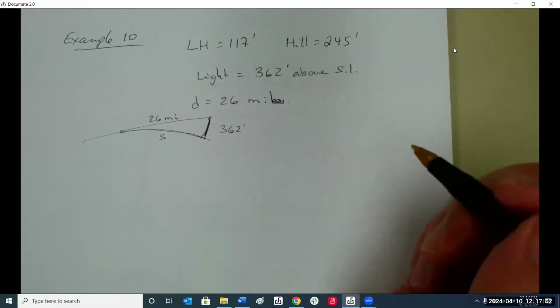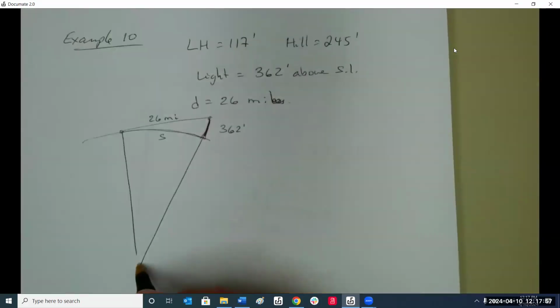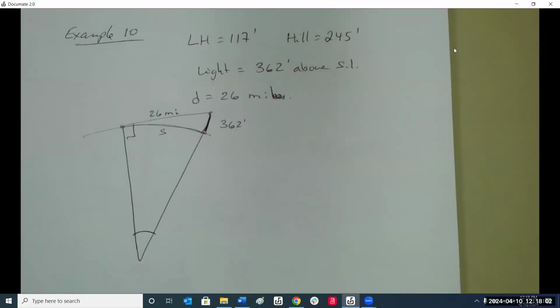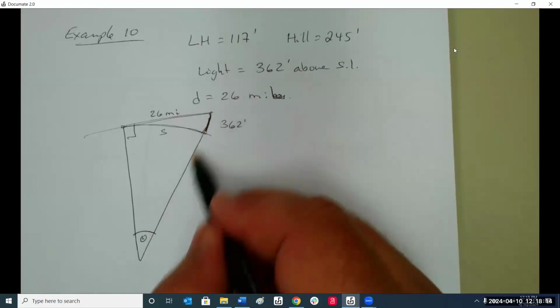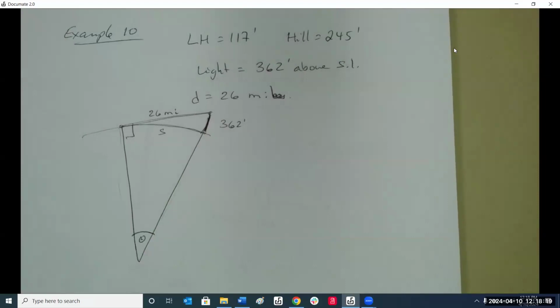Where's our angle? Because this is the base, this is the hypotenuse, this is how far until we get our points bearing intersected. So what do we do? What function are we going to use?